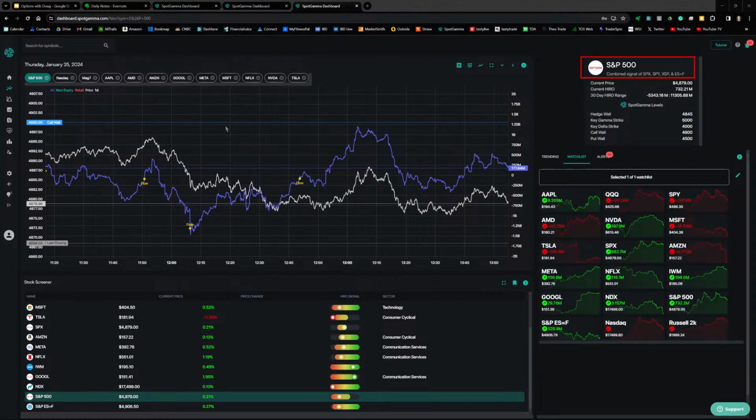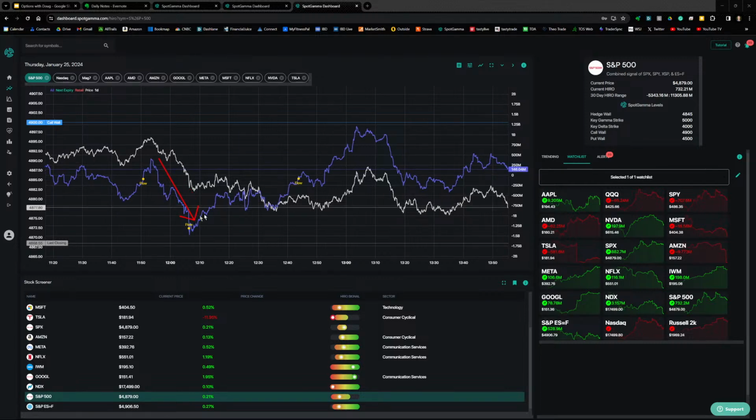On the other hand, when the hero signal is falling, this indicates traders are taking negative delta positions. They are buying puts and or selling calls. Market makers take the opposite side, and they have to sell futures to hedge their delta exposure. They always want to remain delta neutral.